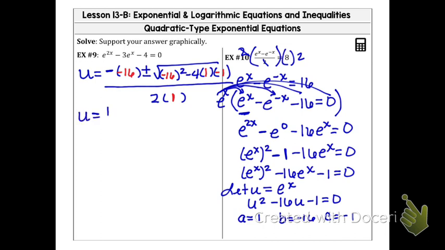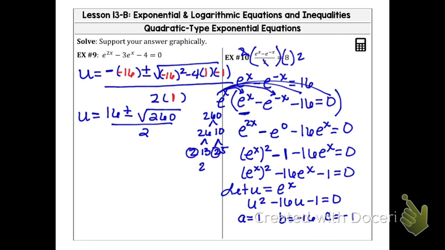So u equals 16 plus or minus the square root of, and so that gives me 260, over 2. And so now I'm going to have to break down that 260. So I know that's 26 and 10, 2 and 13, 2 and 5. So I have a group of 2's, and I'm going to leave the 13 and the 5 underneath.